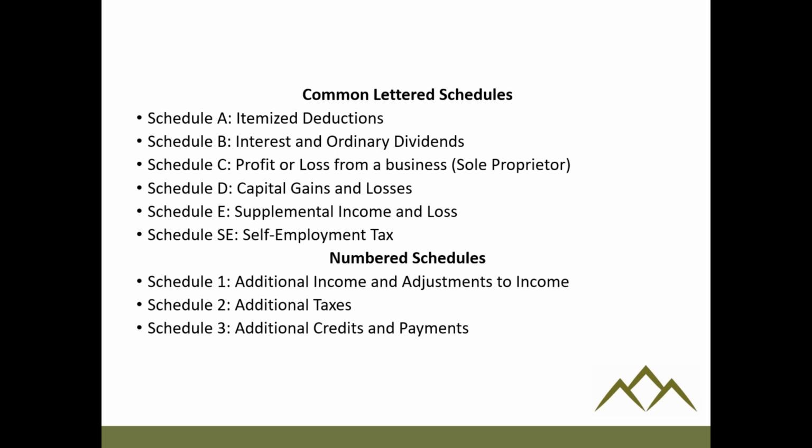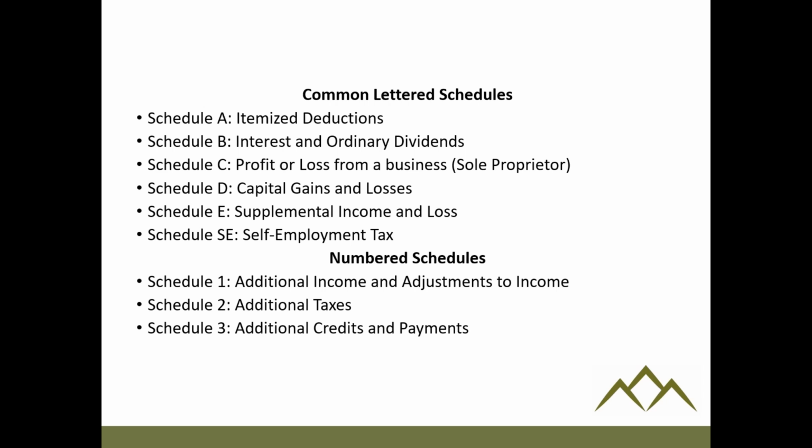Schedule SE is going to calculate and show the details of how your self-employment taxes are calculated if you're somebody who's subject to self-employment taxes. And then we also have some numbered schedules, which are going to summarize additional income and adjustments to income, really kind of a catch-all of things that aren't captured on page one. It's a whole exhaustive list of items that you don't need that much detail on the face of the forms.